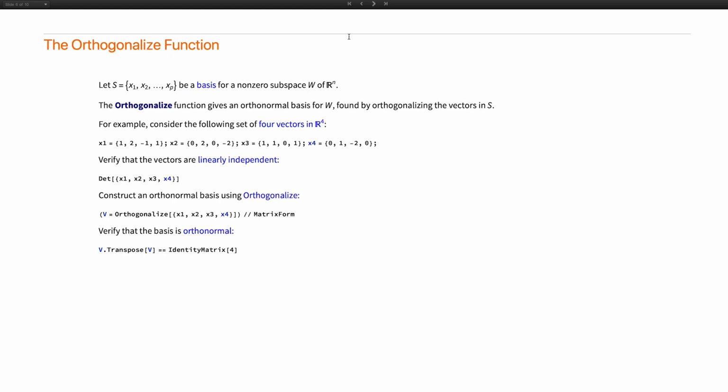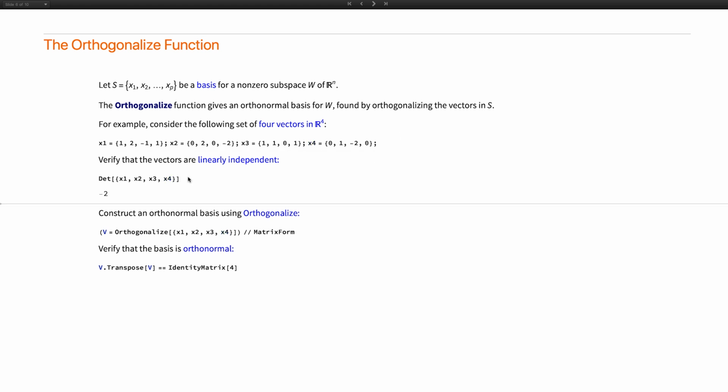Now we actually have a very nice function called Orthogonalize in the Wolfram language, which can do that for you automatically. And in fact, it does more. It gives you an orthonormal basis for a subspace by orthogonalizing the vectors in a set of generators, a basis. So for example, here you've got 4 vectors in R4. Check they are linearly independent.